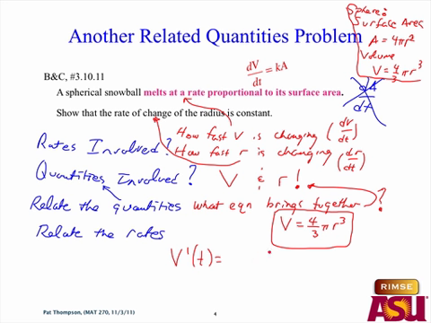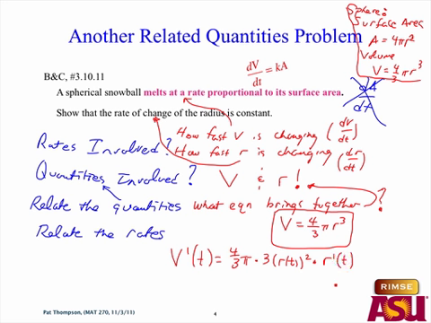And on the right, 3 r of t to the second times r prime of t. Don't forget the 4/3 pi. So we'll also have the 4/3 pi in there, right? So 4/3 pi times 3 r of t to the second times r prime of t.